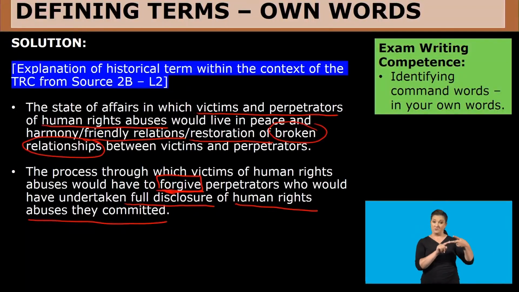And this one speaks of friendly relations or restoration of broken relationships. So it doesn't matter which one of these two you give, as long as you can point out what happened in the past, the fact that relationships were broken or that they had been unfriendly. You can even use other words like they had been enemies in the past, but now they've decided to move forward.